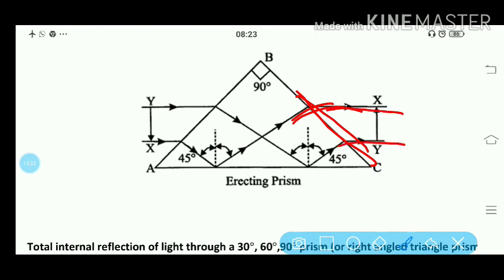As a result, for the inverted object, the erect image is X dash Y dash. In your book the object is PQ, here it is X and Y. So it is X dash and Y dash.